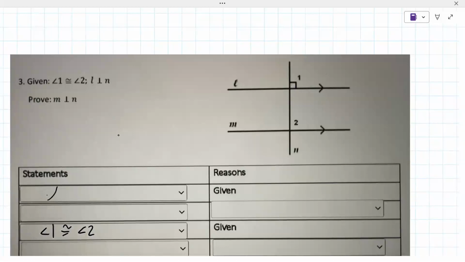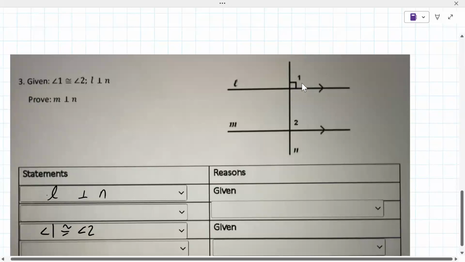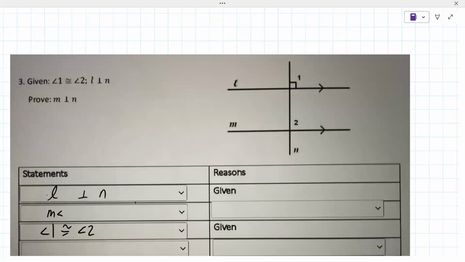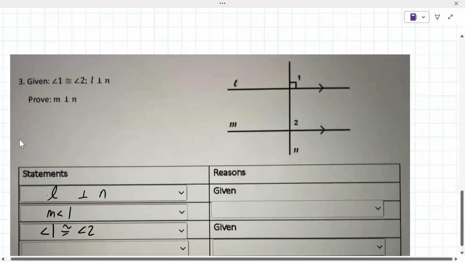But okay. So if they're perpendicular, that means the measure of angle 1 is 90 degrees, or angle 1 is a 90-degree angle.